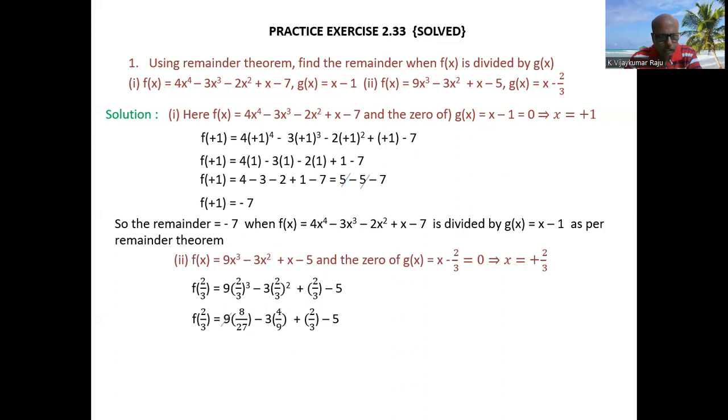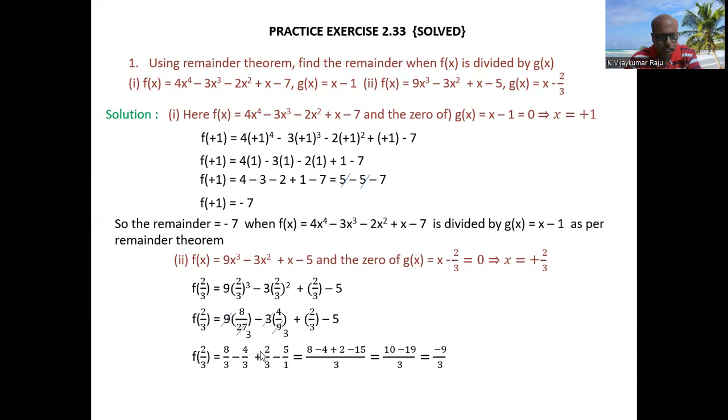Now you see 9 can cancel this. How many times? 3 times. Here also 3 can cancel this. 3 can cancel 9. 3 3s are 9. Okay. So what are you left with? See how it is? 8 upon 3 minus 4 upon 3 plus 2 upon 3 minus 5 upon 1. LCM is 3. Clearly you are seeing.